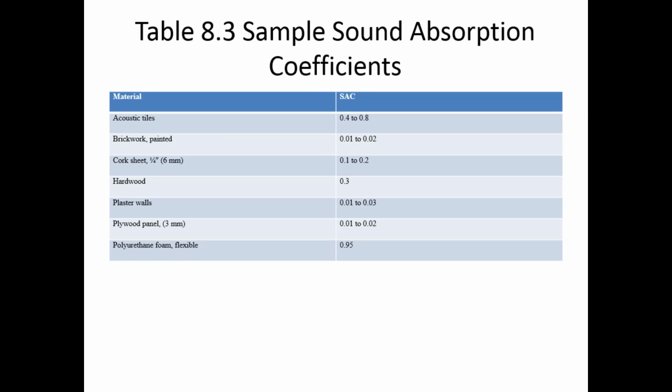We have things that we can add such as acoustical tiles, brickwork that's painted, cork sheet, and cork is a material that's not used very often, but it is very much a green material and very sustainable. And then it has these acoustical properties to it.